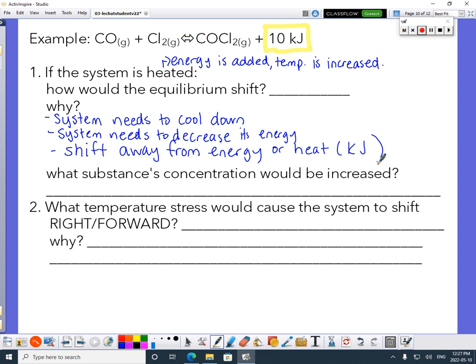So you look at where the energy is, it's a product. So if you shift forward or towards the product, you would make more energy, which is not the opposite of heating. We need to cool down or make less energy. So you want to shift to the side that doesn't have energy in it.